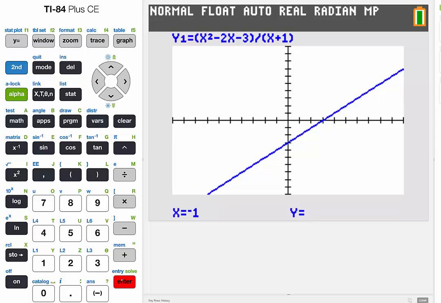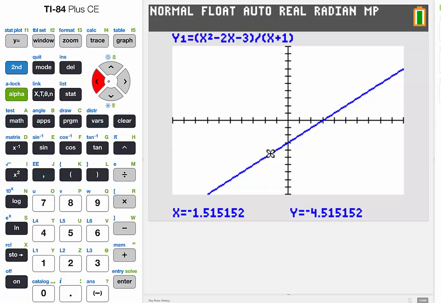So if we press that trace key again, I get this flashing cursor on my screen. It's currently just a little to the left of -1, and I can use the arrow keys on my calculator to take a couple steps further away and then come back toward -1. So I'm approaching from the left in this case.